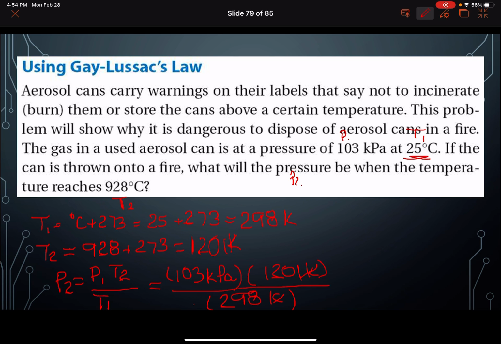The kelvins cancel out, leaving us with kilopascals, and we have 415 kilopascals.